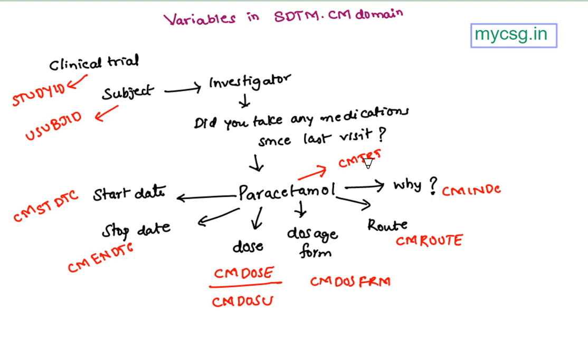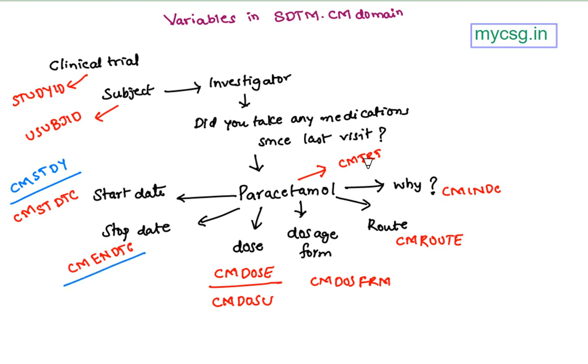Now let us try to identify some derived variables that will be created based on the collected variables. So we know that for every date, a relative day will be derived in SDTM domains, and for CMSTDTC, the relative day or the study day variable will be CMSTDY. The entire prefix would be same, only DTC would be replaced with DY.